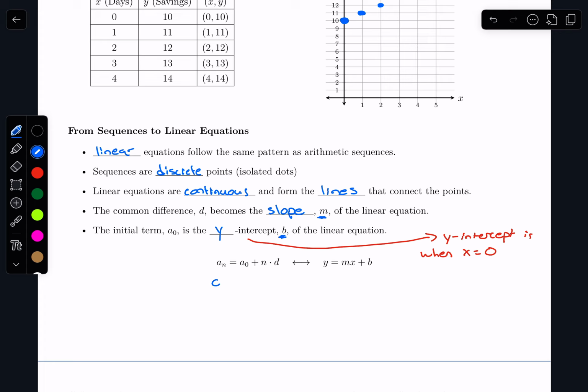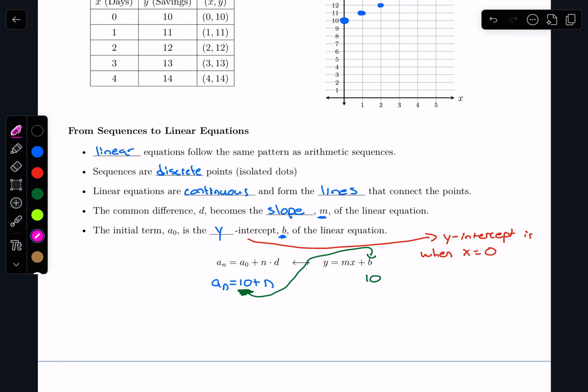Earlier, we had the formula a sub n was equal to 10 plus n times 1. So 10 plus n. I won't even write the 1 there because we already know how to simplify it. So if a sub n equals 10 plus n, and we're told that a naught right here, which is the 10, is the same as b, then I can go ahead and take this 10, put it where that b is.